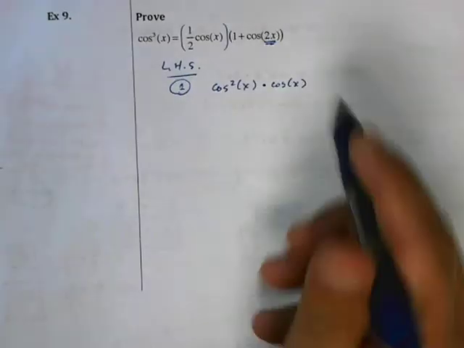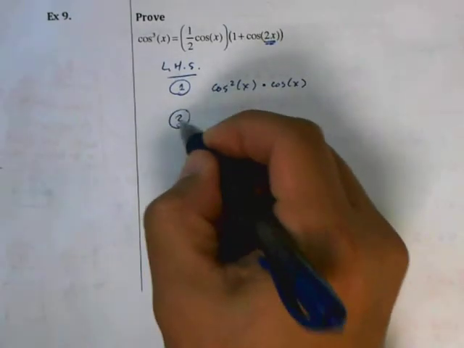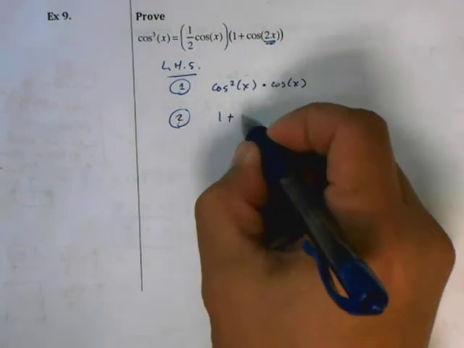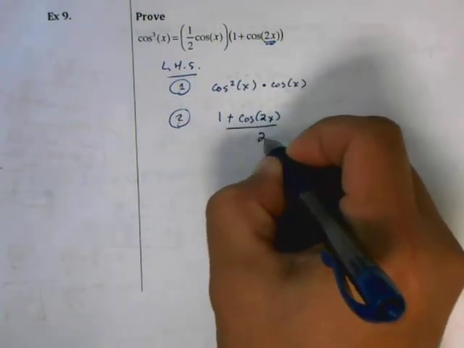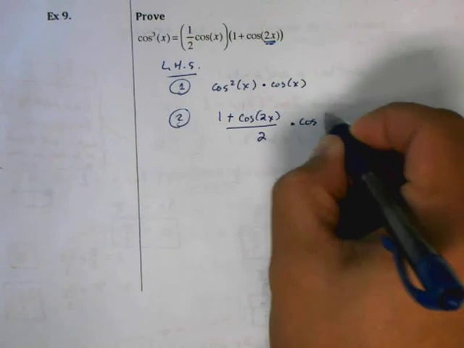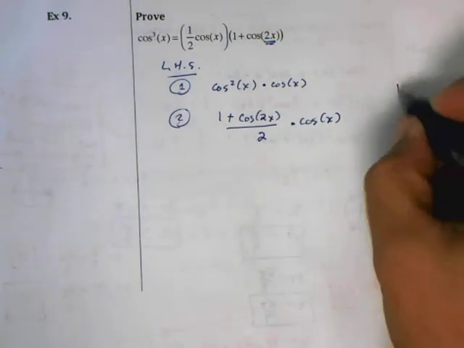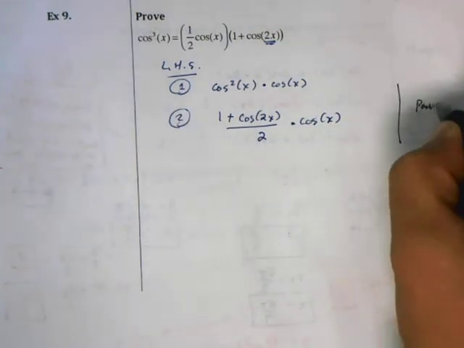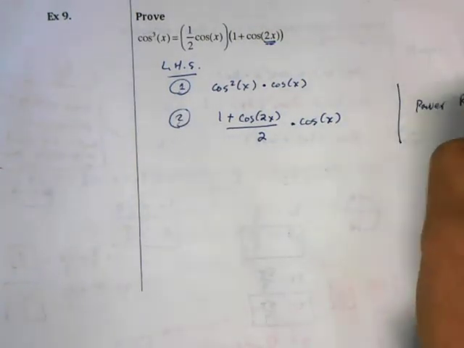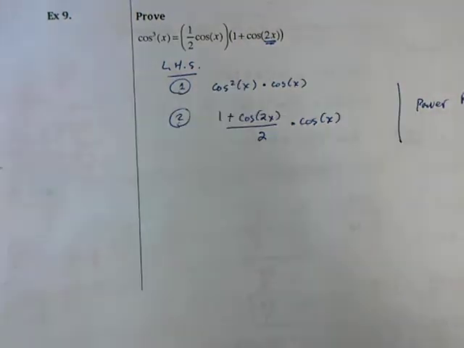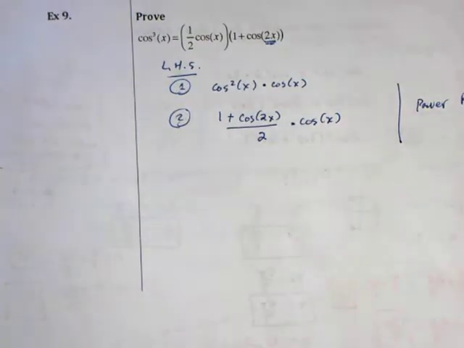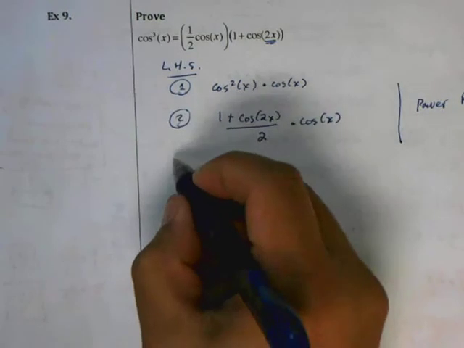So the cosine squared now becomes (1 plus cosine 2x) all over 2, times cosine x. My reason here is power reducing identity. Now, this is a little bit deceptive, but we're almost done with the proof here.